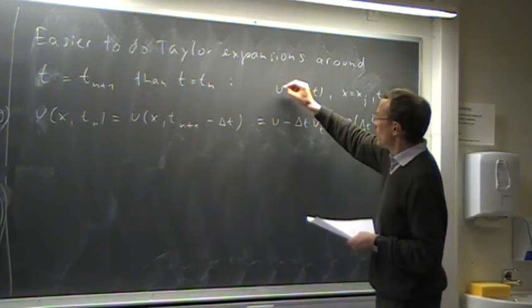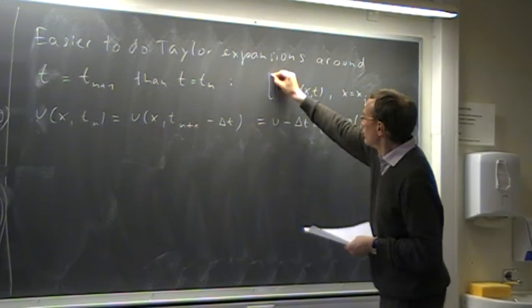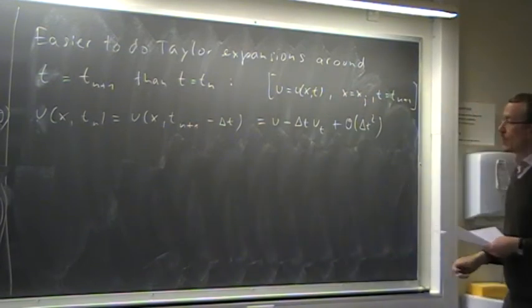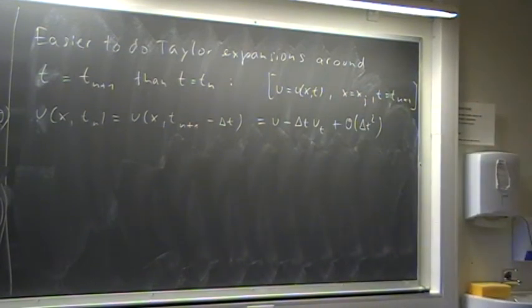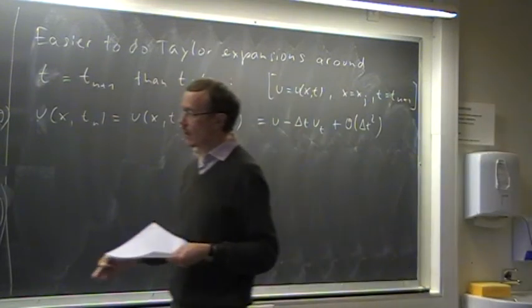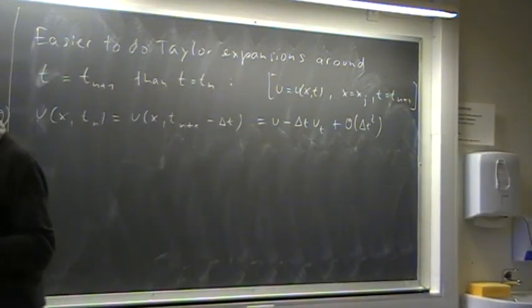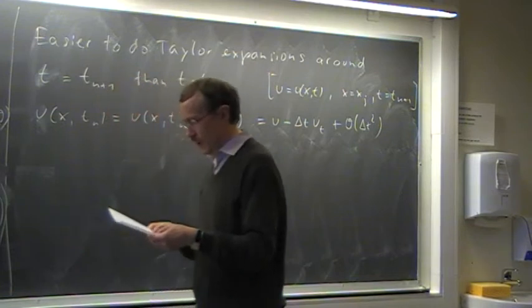That is what we are using here. And the Taylor expansion around for xj plus and minus 1 is the same as we did before, but it is then taken around this tn plus 1. So that is standard.